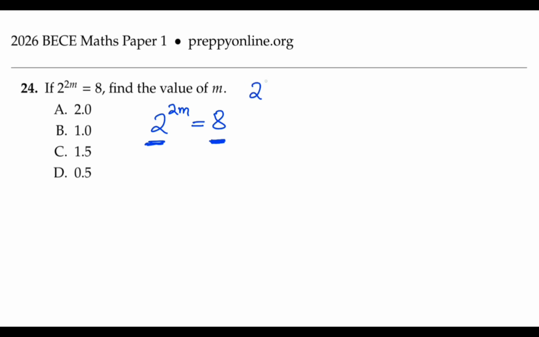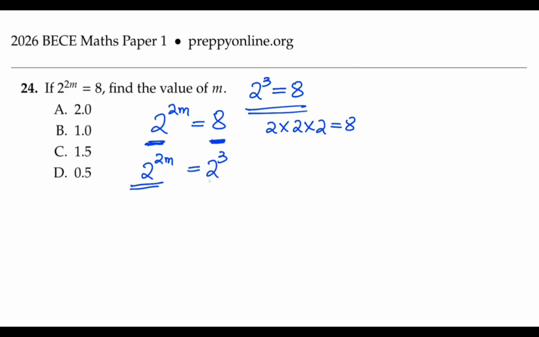And if we know that 2 to the power 3 is equal to 8, then we can go ahead. What this means is that 2 times 2 times 2 is equal to 8. So using that fact, we can now write here 2 to the power 2m equals 2 to the power 3.